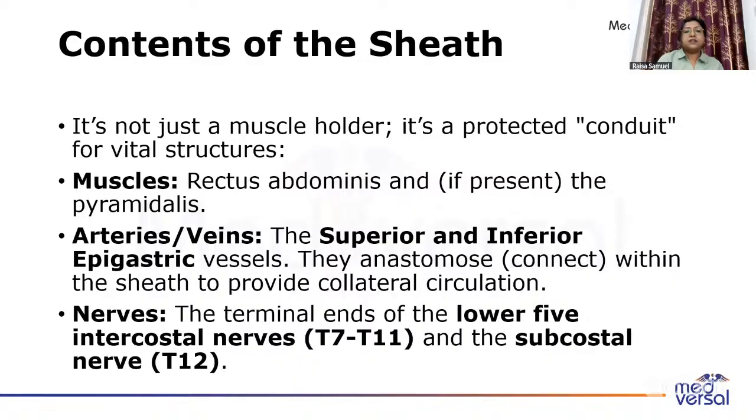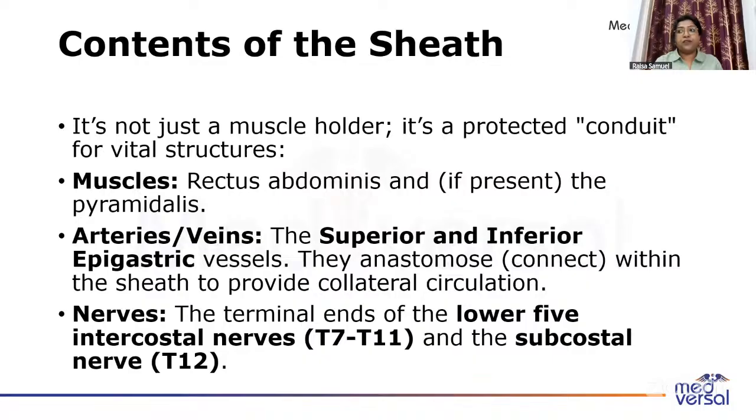So what are the muscles of the rectus sheath? It is the rectus abdominis and pyramidalis. Pyramidalis, sometimes you will not see it if there have been repeated surgeries, then the pyramidalis muscle may not be visible. Then what are the arteries or veins? The superior and the inferior epigastric vessels anastomose, connect within the sheath, to provide collateral circulation.